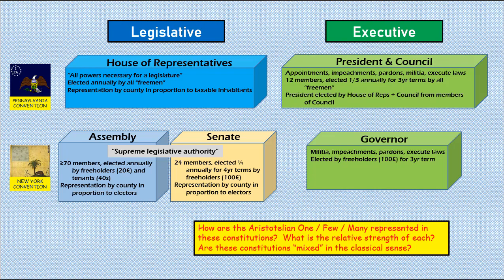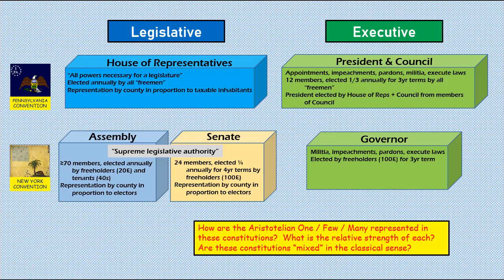The Assembly and the Senate together comprise the legislative branch, and they contain, as we've just noted, supreme legislative authority. The Assembly has many more members. It has to have at least 70. The Senate is capped at 24. The Assembly is elected every single year. Every member of the Assembly is elected, and they are elected by a lower voting qualification than the Senate.